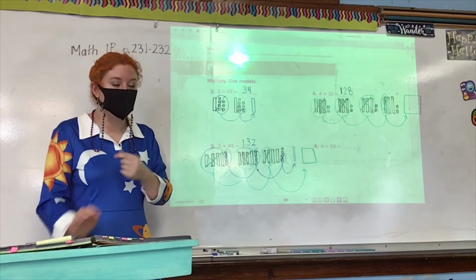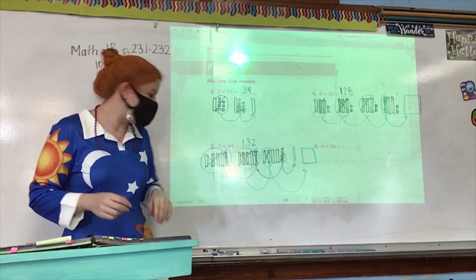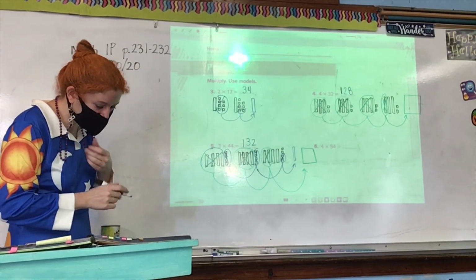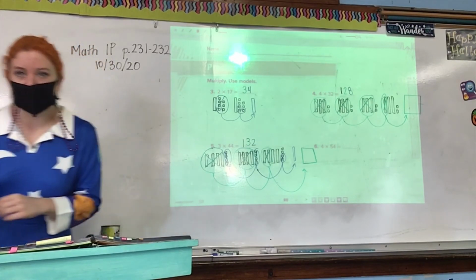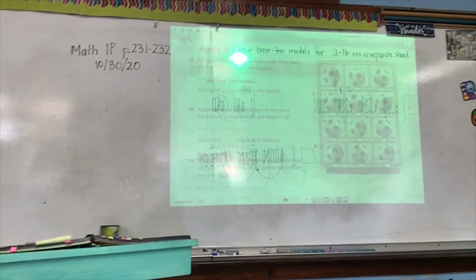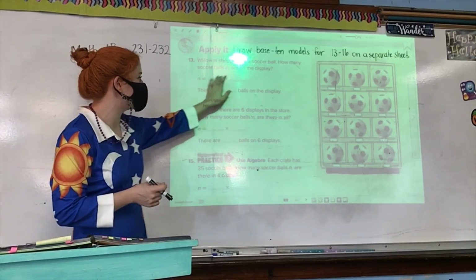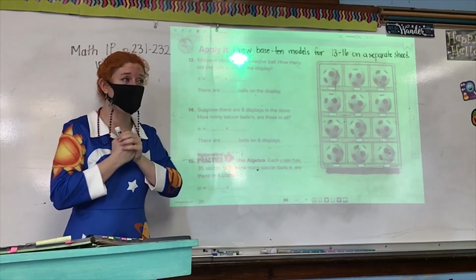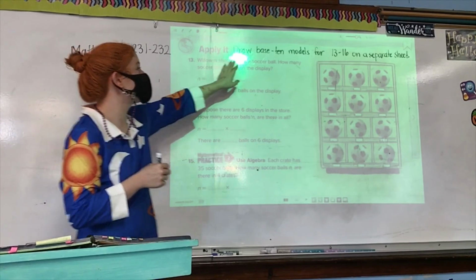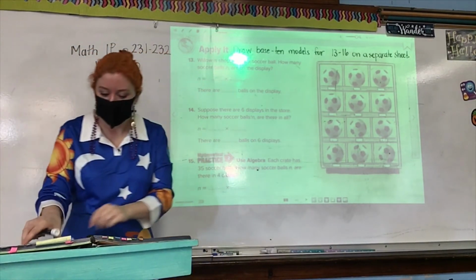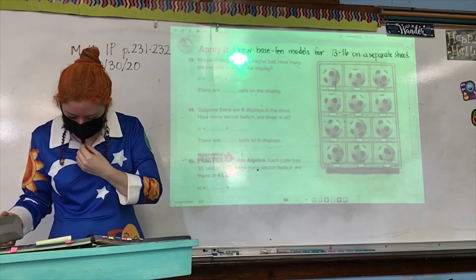So everybody right now, use your pencil. Next to the words, apply it on page 232, right here. Let me make sure for numbers 13, 14, 15, and 16, even though it gives you space, and some of them may or may not be basic facts, you are still drawing your base 10 models for 13 through 16 on a separate sheet.